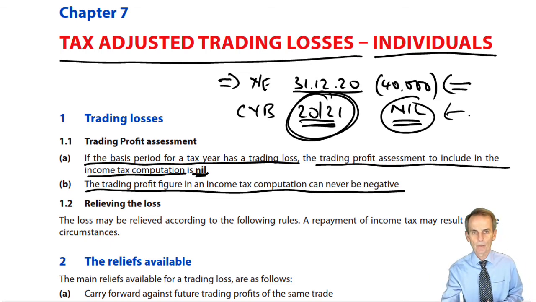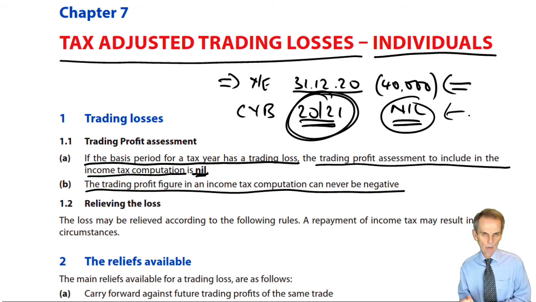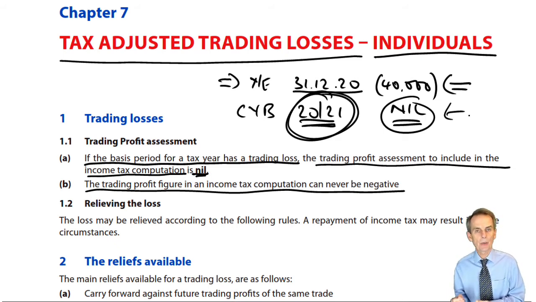And in the future, let's hope it's a one-off loss-making period, we would return to profitable ways. So basically, when you're dealing with losses, the loss reliefs that are available will effectively enable you to do one or a combination of up to three things in terms of where you can take the loss.